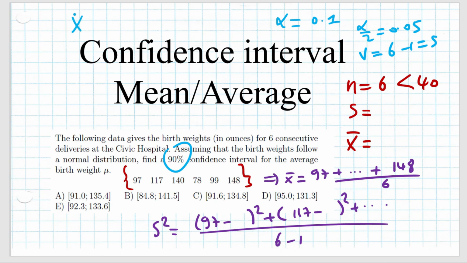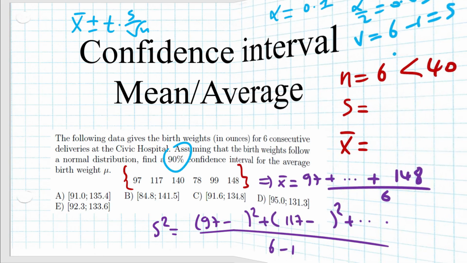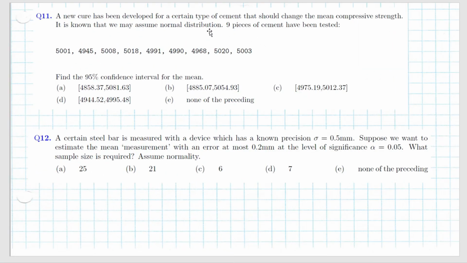So then your formula for the confidence interval is x bar plus minus t times s over root of n. We have everything. We can get t from the table. So find the mean, n minus 1, standard deviation, variance, and then n equals 9, everything. Okay, boom.